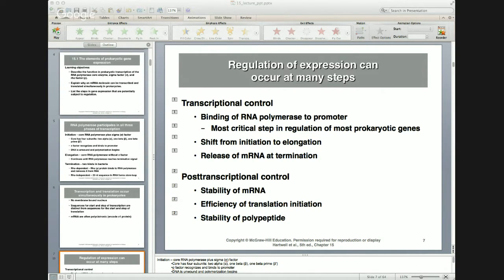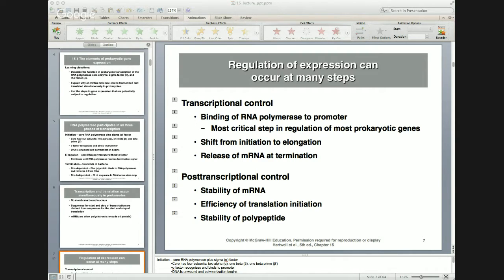So rho could also be involved in regulating gene expression, because it is involved in terminating transcription. Without termination, which is the release of the mRNA at the termination site or in association with rho, you could affect the length, for example, of the messenger RNA that is produced, and the content of the messenger RNA that is produced.